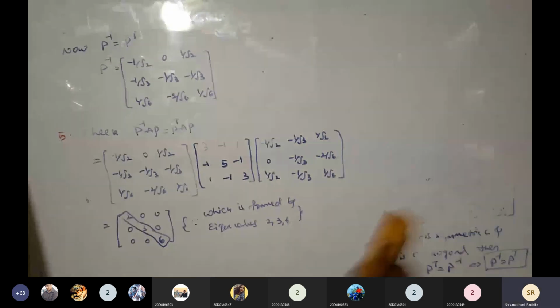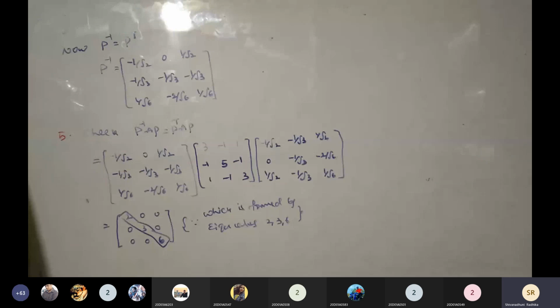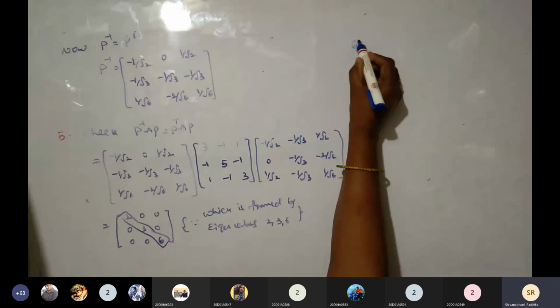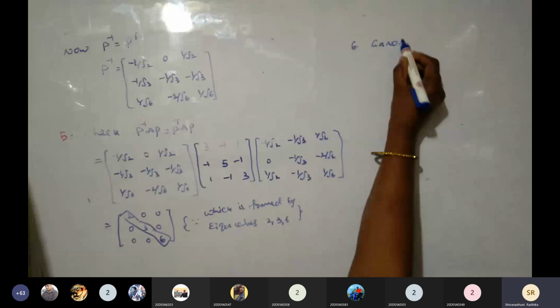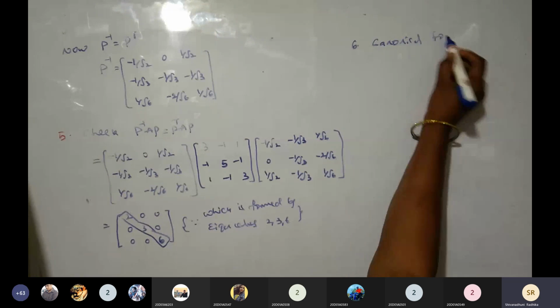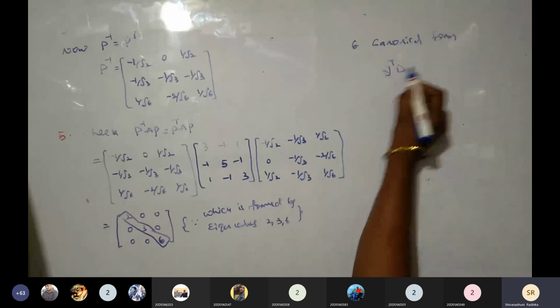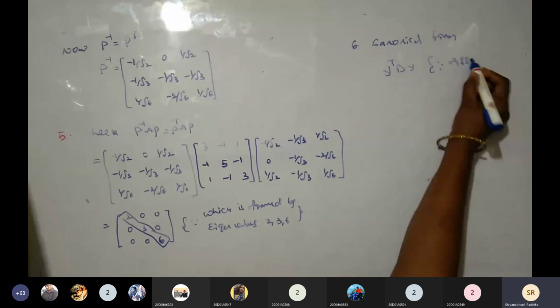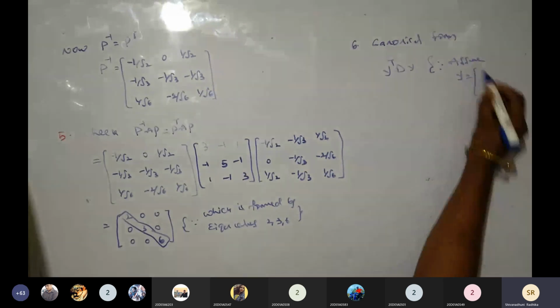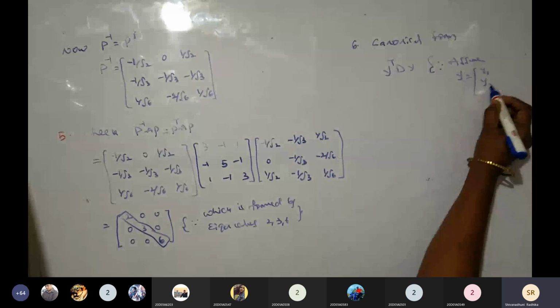Here the last step, the sixth step. Okay. Now write the canonical form. What is the canonical form? Y transpose DY. Here we have to assume capital Y equals y1, y2, y3.